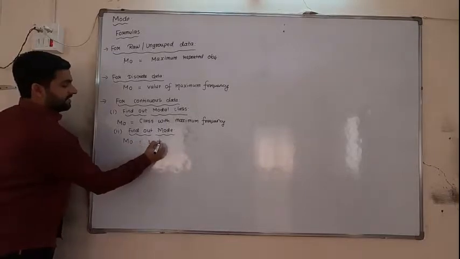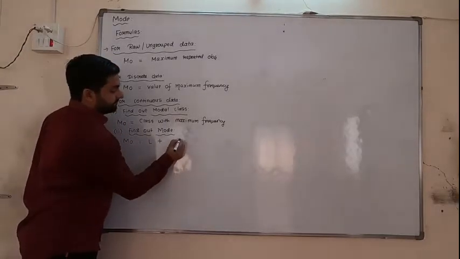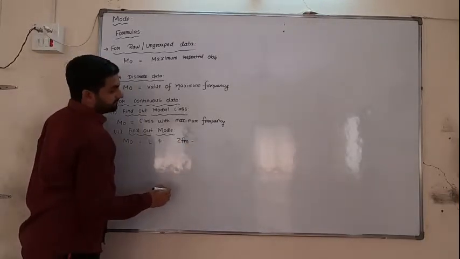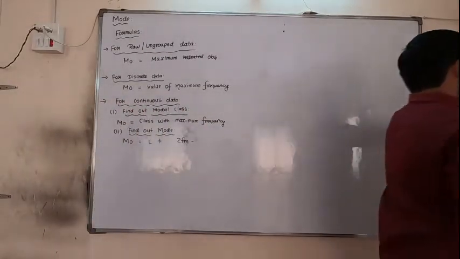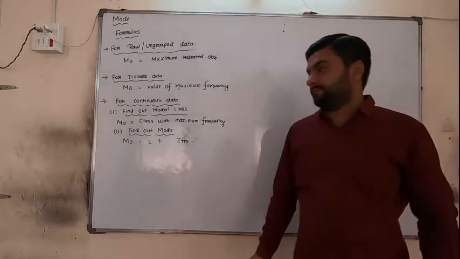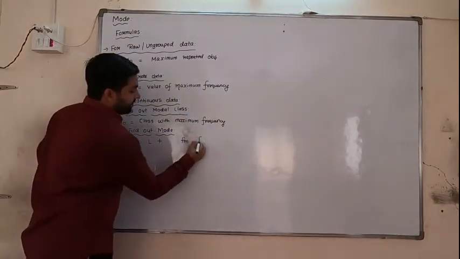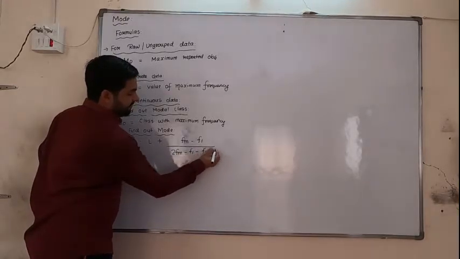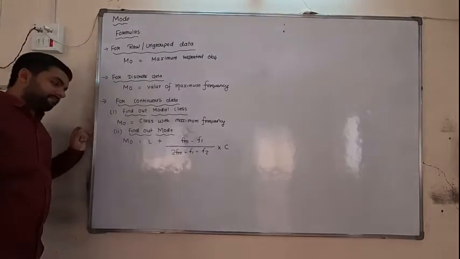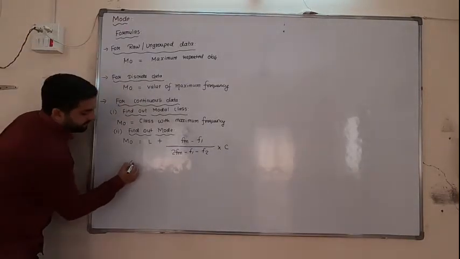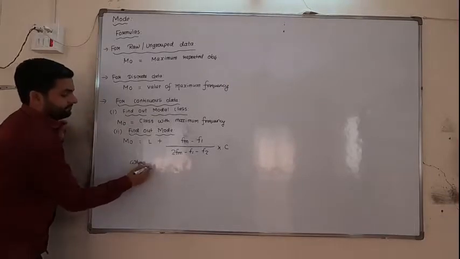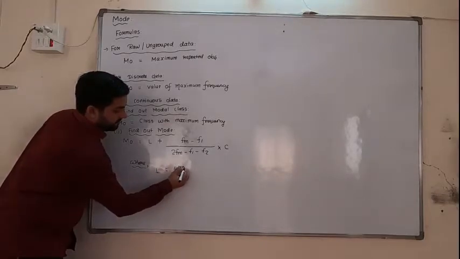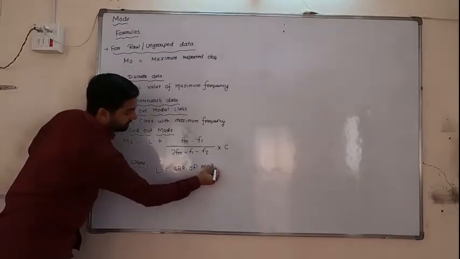Mo is equal to L plus (f_m, sorry, not 2f_m) (f_m minus f_1) divided by (2f_m minus f_1 minus f_2), multiplied by C. So this is the formula, where L is equal to the lower boundary point of the modal class.